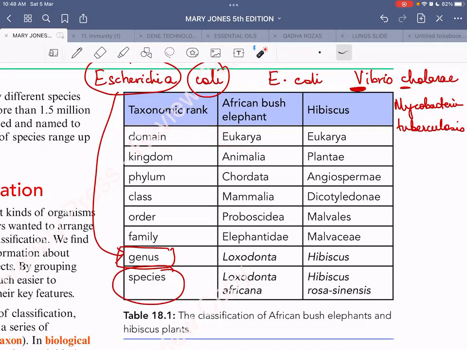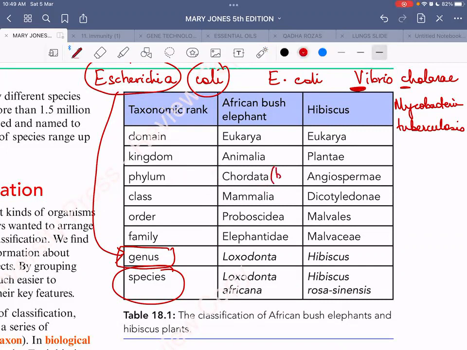ठीक है? Then from domain we move on to the second hierarchical rank, and that rank is kingdom: the elephant is an animal. Of course, it's not a human and it's not a plant. From kingdom, we move on to another rank, which is phylum. And in phylum we say that the elephant is an organism which belongs to phylum Chordata. Chordata का मतलब है all those which have a backbone.